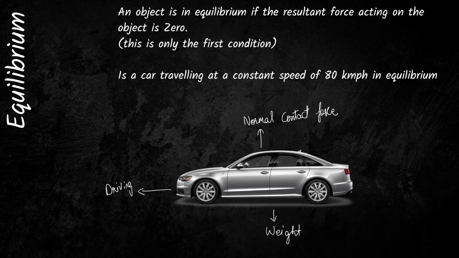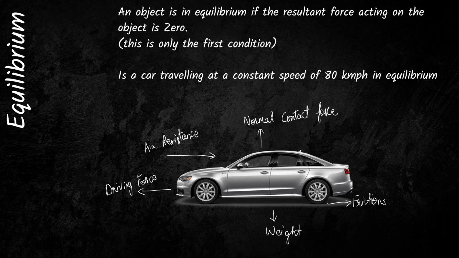It cannot maintain a constant speed if the engine's turned off. So, there's always going to be a driving force. There's going to be air resistance, which is going to be the first backward force. And because the car is traveling on a road, there's going to be friction between the tires and the road surface.